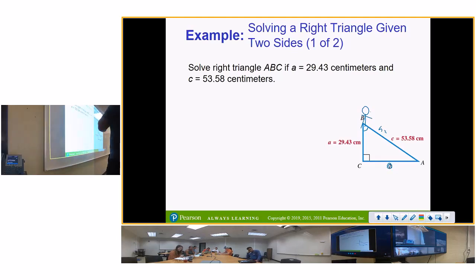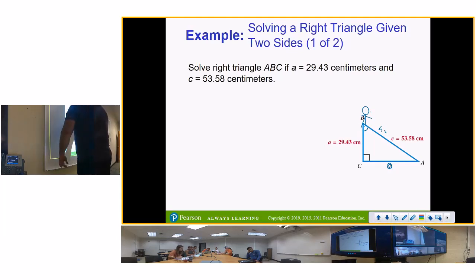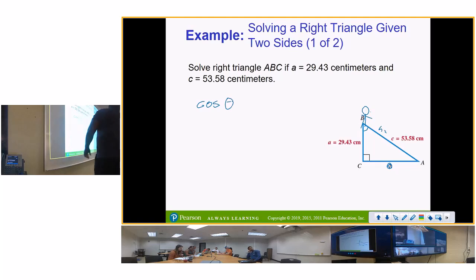So, which one? Oscar had a hump. So it's the what? Cosine. Cosine of theta is equal to what? Oscar had a hump, 29.43 over 53.58.